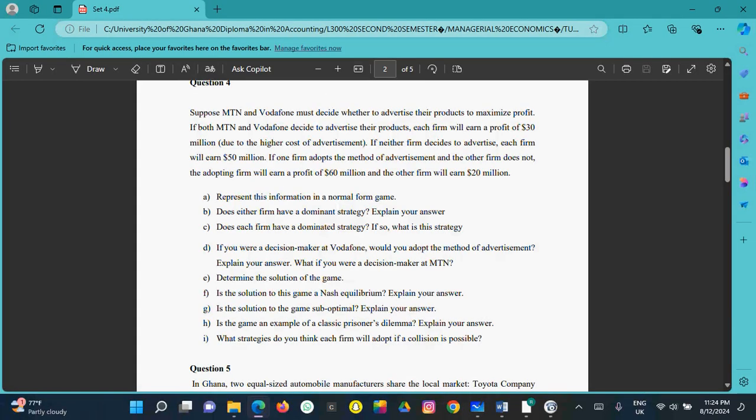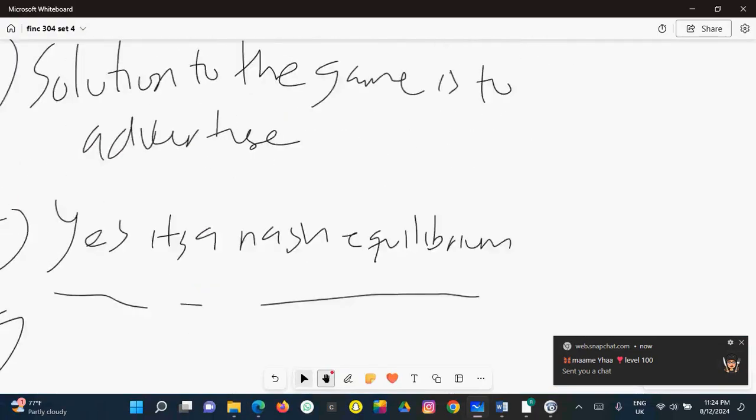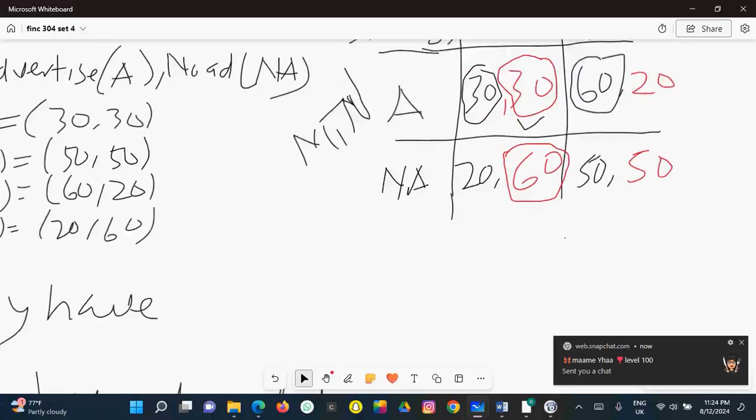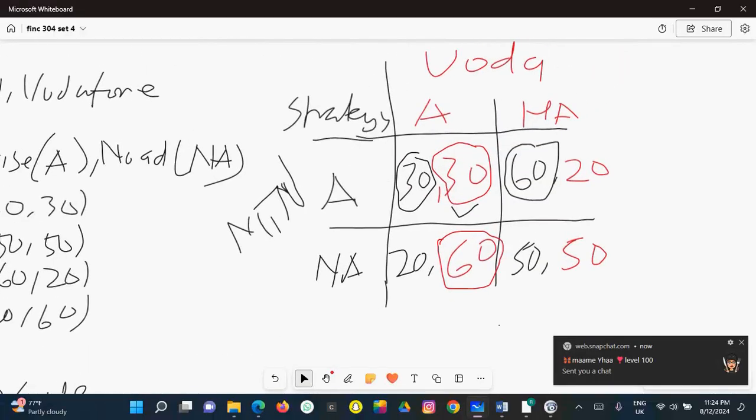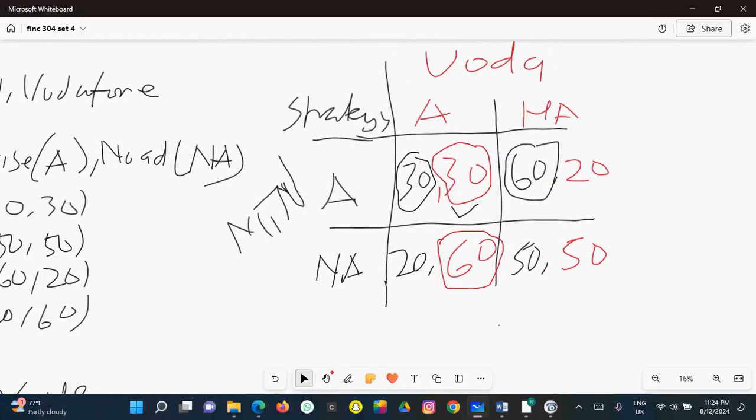So, is the solution to the game suboptimal? Yes, the solution to the game is suboptimal. This is because the Nash equilibrium is less than the optimal.